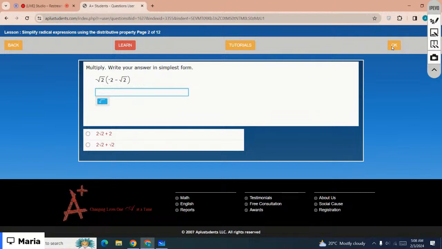Yes, that is option number 2, right? Because the square root that is outside the bracket is negative, that makes everything inside positive. So that is 2 square root 2 plus 2. Option number 1 is the correct option.